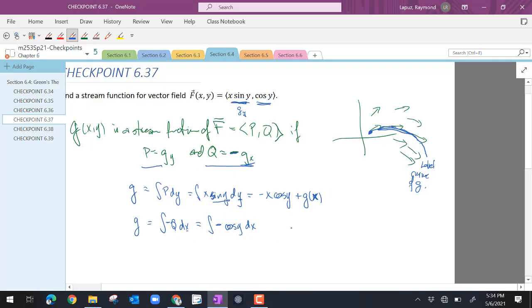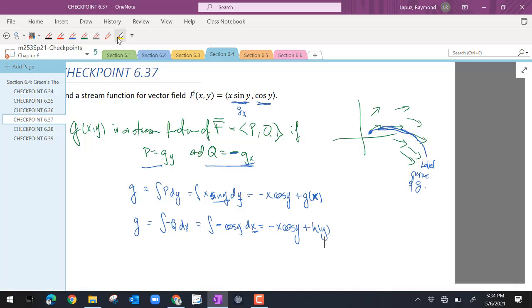We're integrating with respect to x. Cosine y is constant with respect to x. So the antiderivative of just a number is going to be a number times x, and we'll throw that negative sign in there. So it'd be negative x cosine y plus some function possibly of y.